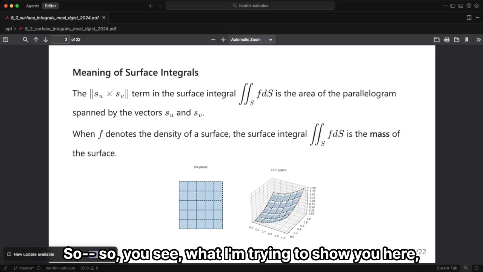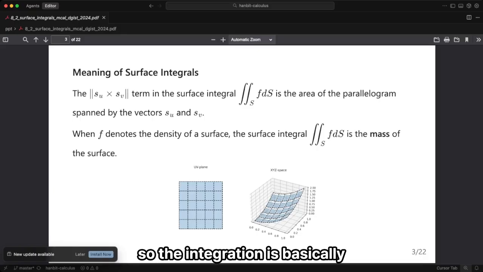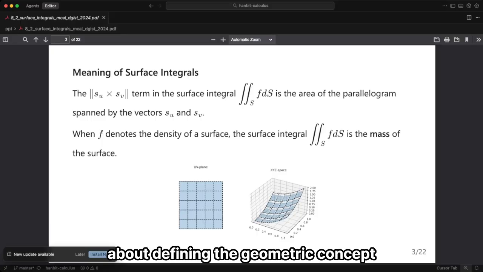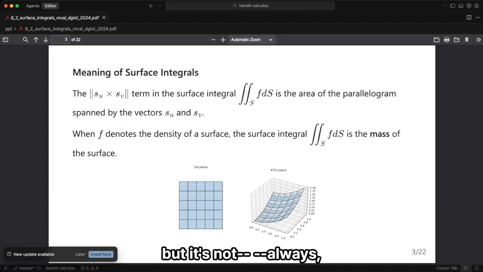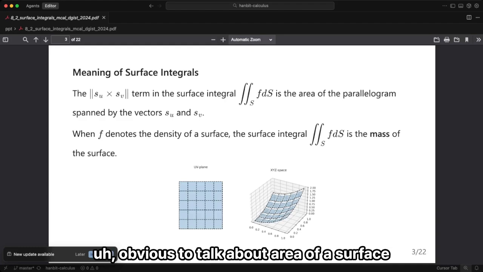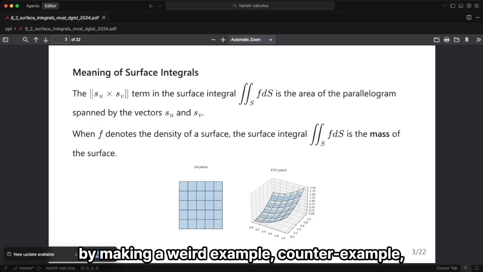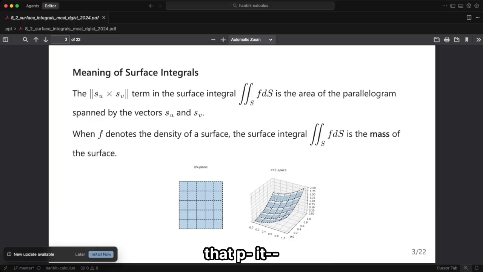So you see what I'm trying to show you here. The integration is basically about defining the geometric concept, something so primitive that we always take it for granted, but it's not always obvious to talk about the area of a surface, because mathematicians like to make weird counterexamples that contradict our intuitions.